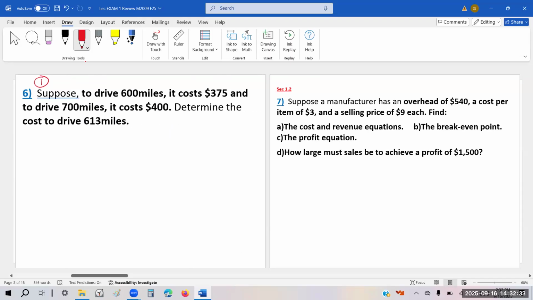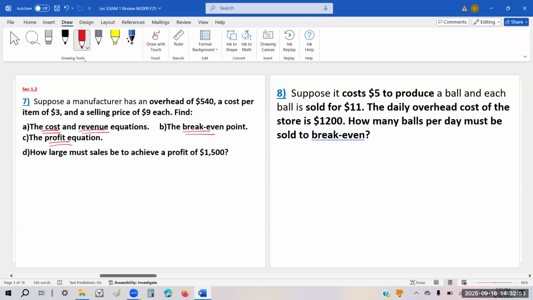Then 1.2. 1.2 talks about revenue, cost, profit, break even. So there will be one question about finding the cost function, revenue function, break-even point, profit function, and then something like this one: how many units you need to sell to have a break-even point?